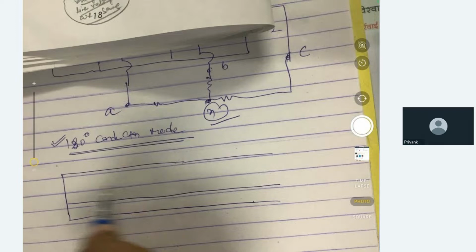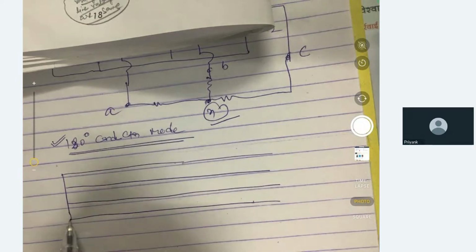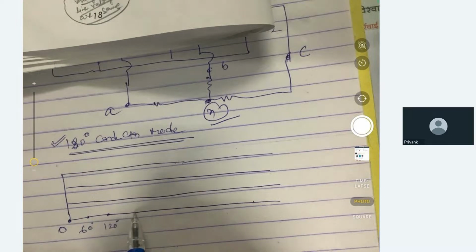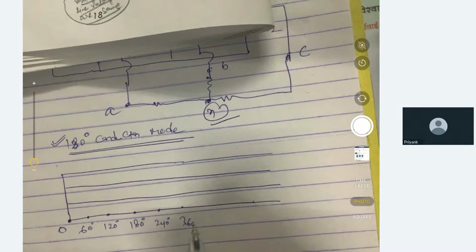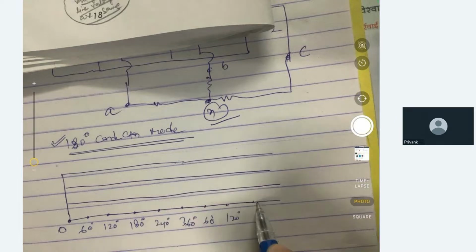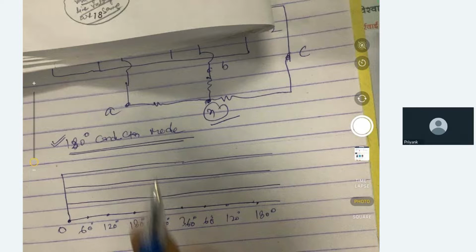Let's start with 0, and every division is of 60 degree. So 60, 120 degree, 180 degree, 240 degree, and so on. When 360 degree has been completed, again the 60 starts, and 120, 180. And each switch is conducting for 180 degree angle.